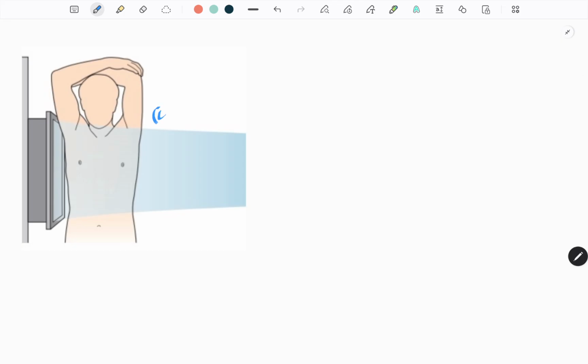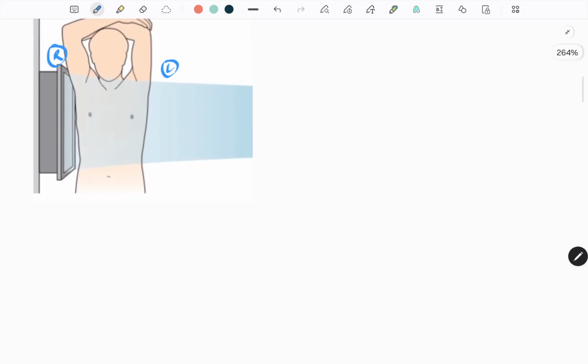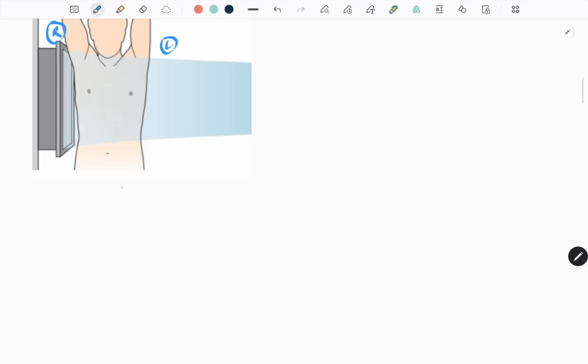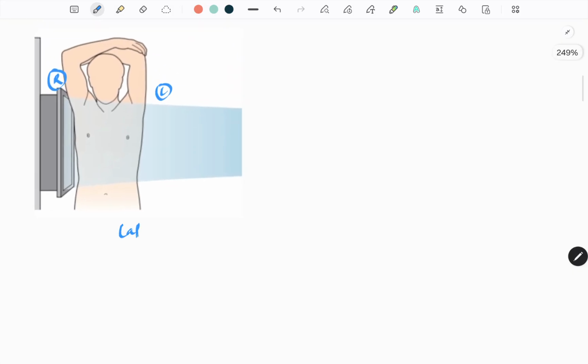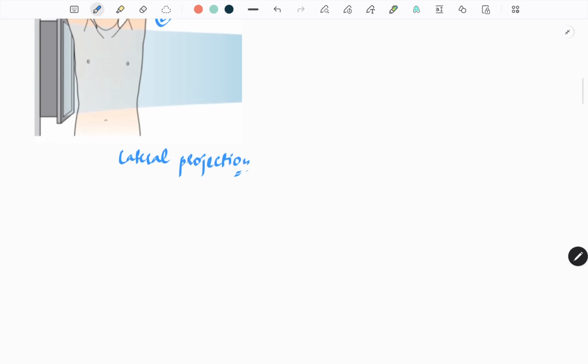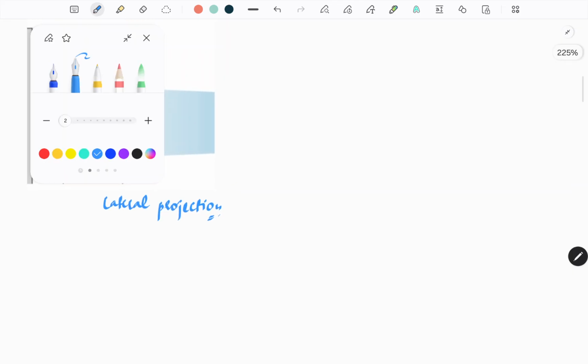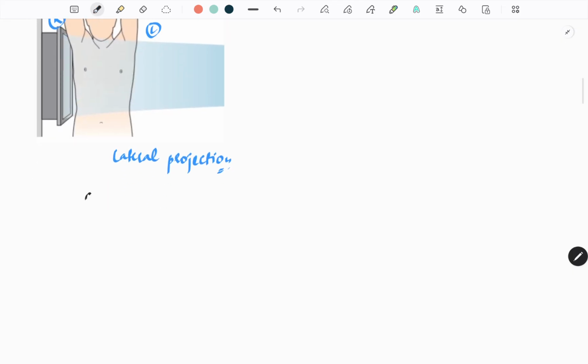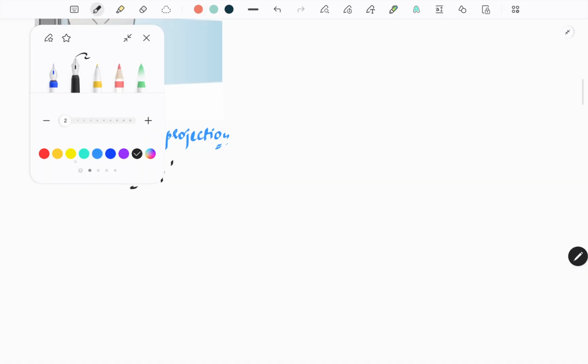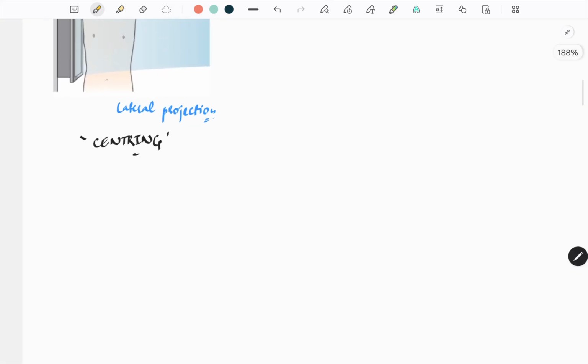This is the patient's left, this is the patient's right. So this is a lateral projection. All of the points we should take care of, like proper centering, like we do in frontal.